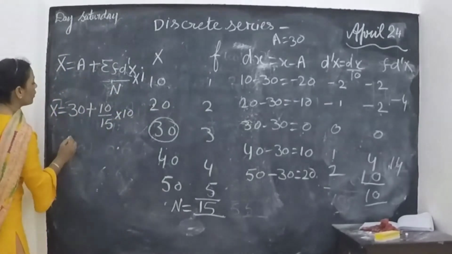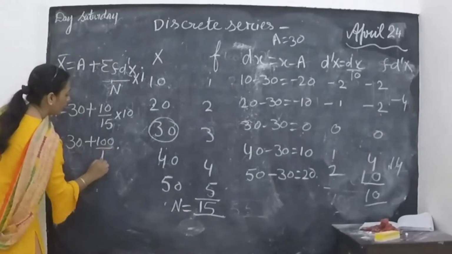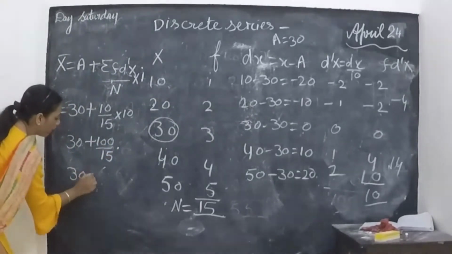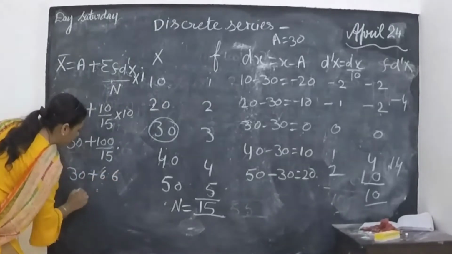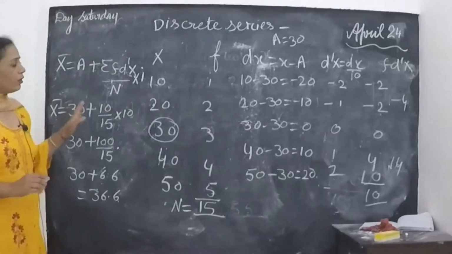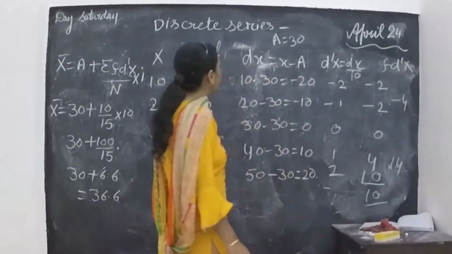So 30 plus 100 over 15. This will be again 30 plus 6.6 is equal to 36.6.